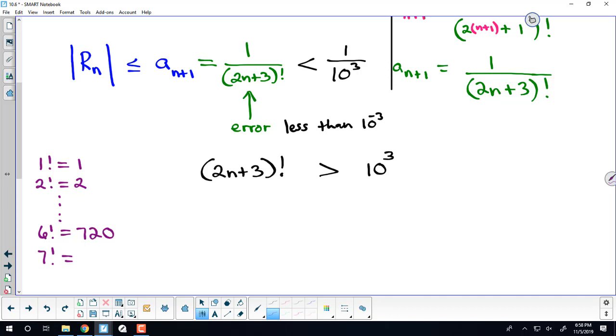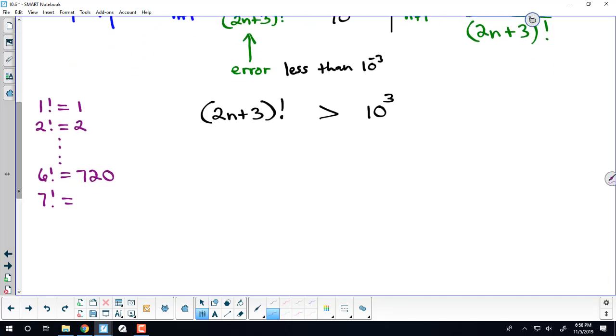So that's going to be, whatever that is, 5,040. So 7 factorial is the first occurrence when a factorial is larger than 1,000.